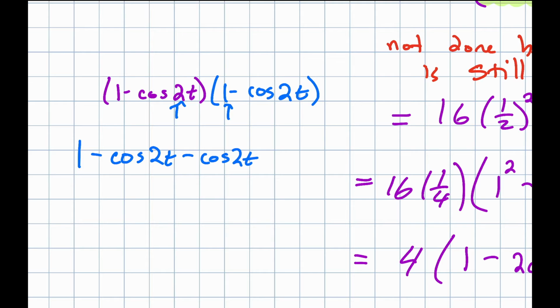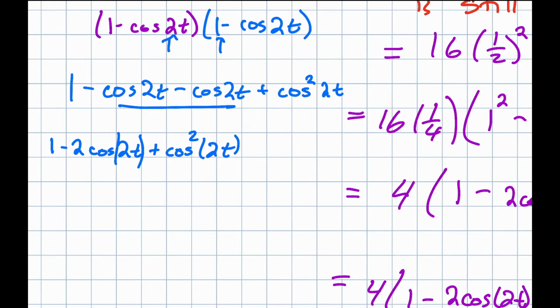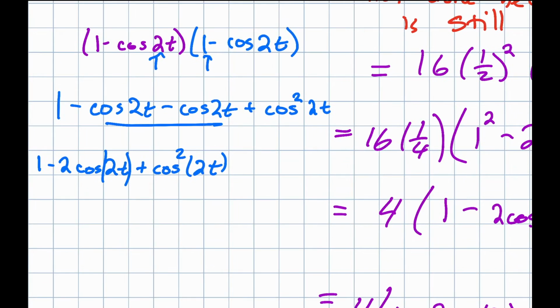And then finally, negative cosine 2t times negative cosine 2t will be plus cosine squared 2t. And then you can combine these two terms and you get 1 minus 2 cosine 2t plus cosine squared 2t. That's not your answer, but that's what you get just when you multiply these out.